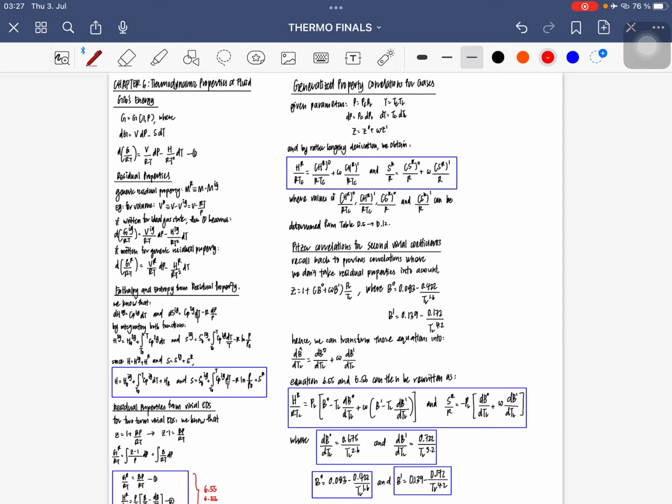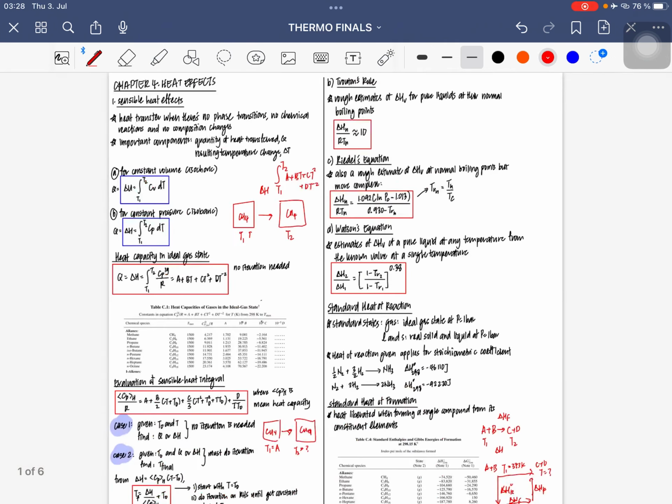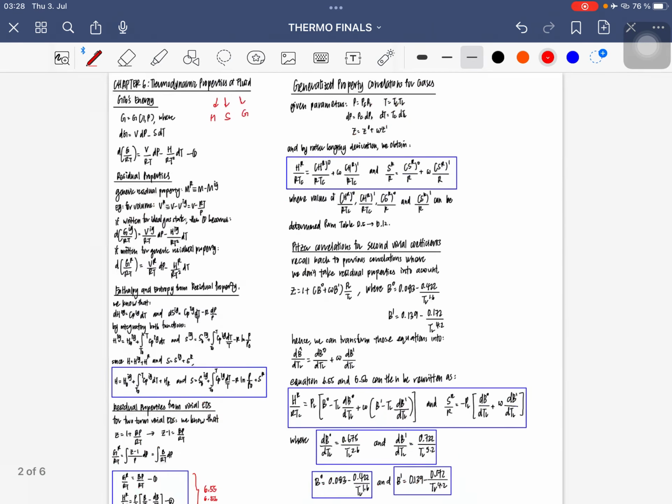So basic common knowledge, basic thermodynamic knowledge. Thermodynamic properties, you have what? Enthalpy. You also have S, entropy. You also have Gibbs free energy, this is G. I don't think I need to cover this because you can find it in the same table as heat of formation, table C4.